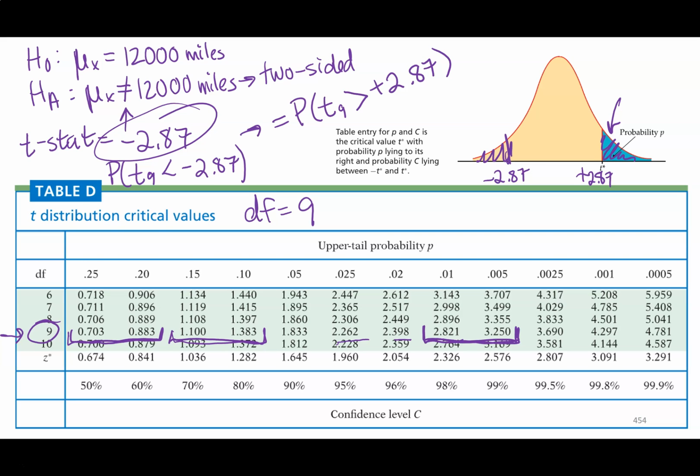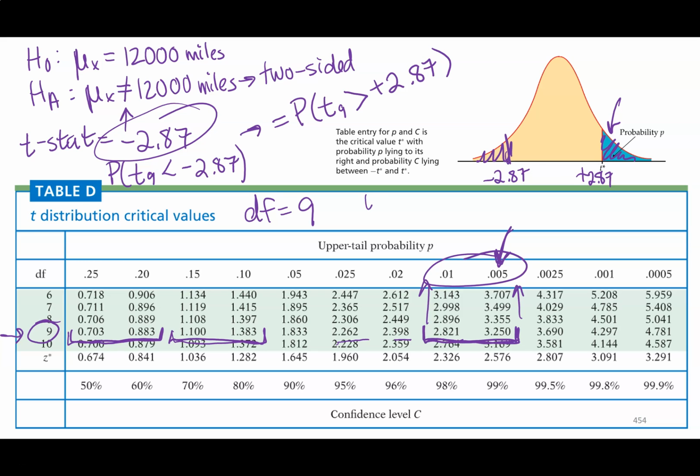Looking at my lack of space here, my one-sided p-value, so now I'm going to look up. My one-sided p-value is between these two numbers. So be really careful to note this one is smaller than the one on the left.